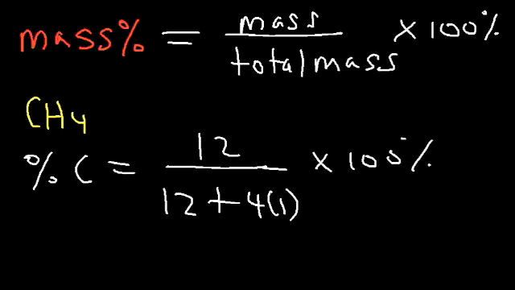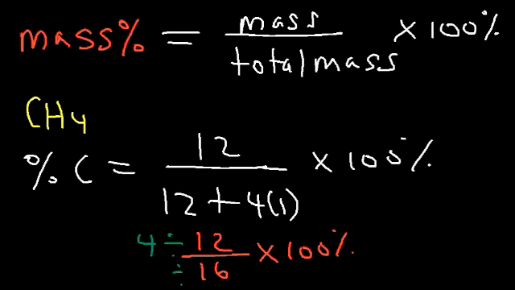So 12 plus 4 is 16, so we have 12 over 16 times 100%. Now we can divide the 12 by 4 and the 16 by 4. 12 divided by 4 is 3, 16 divided by 4 is 4. So this is 3/4 of 100%.